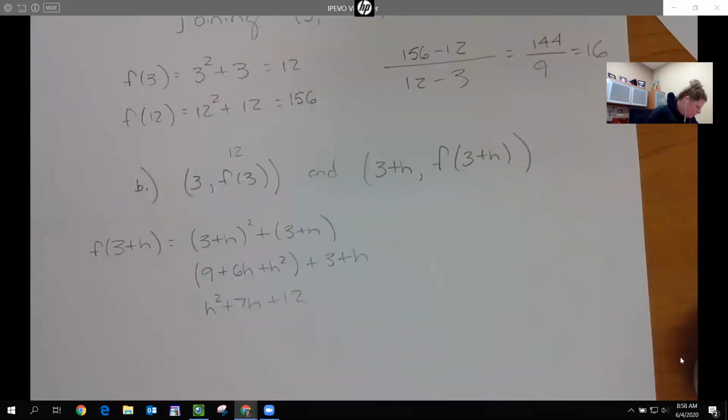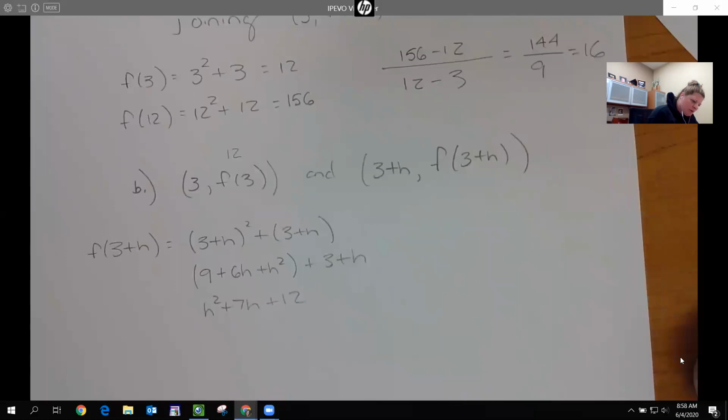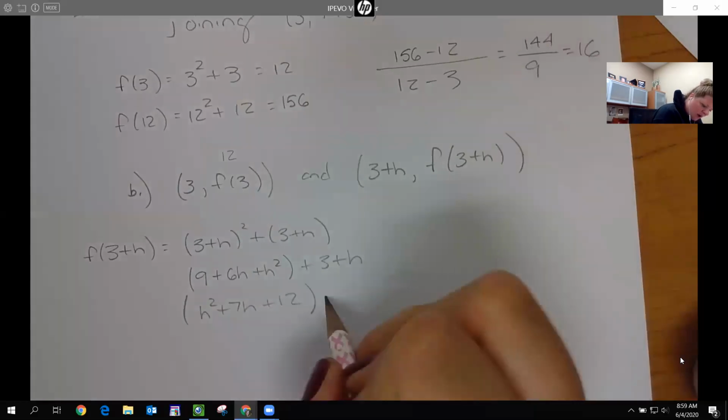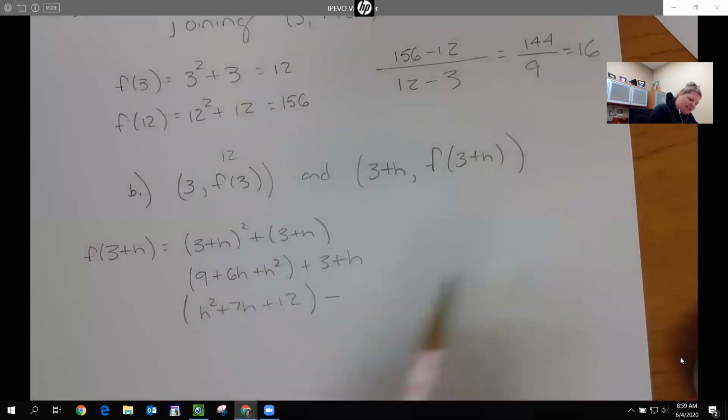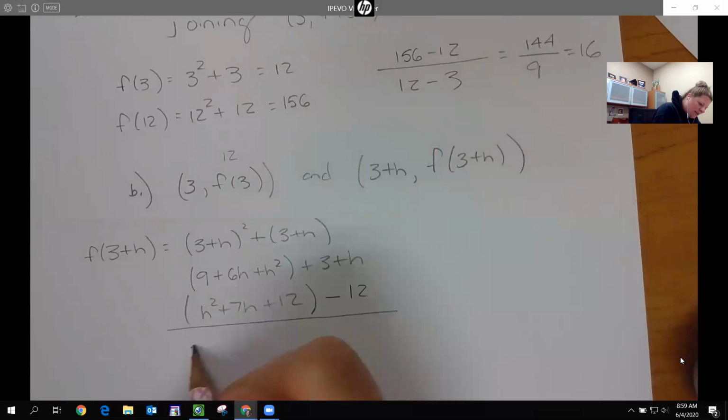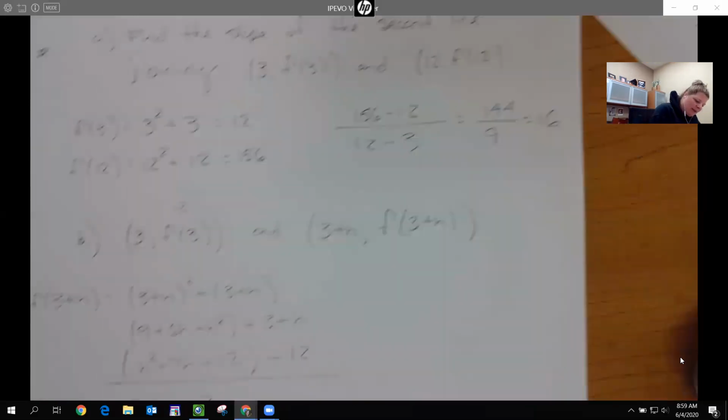Then I'm going to take that and I'm going to subtract off, so I'm going to subtract this, which was 12, all over that 3 plus h minus 3.